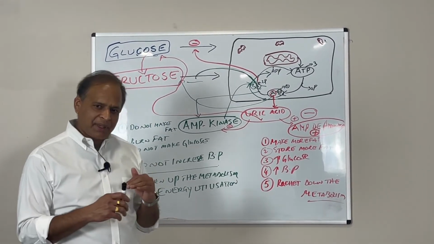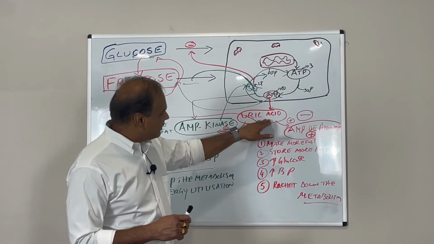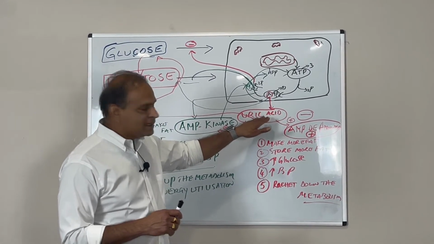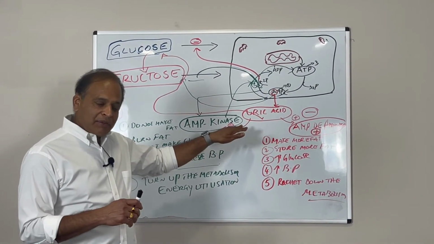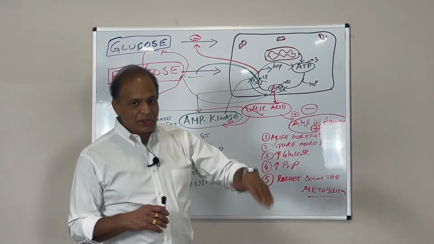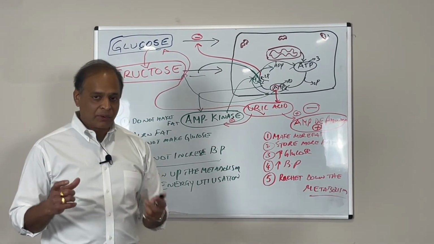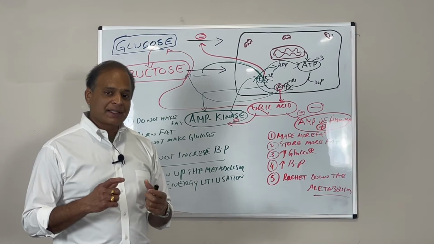So why did that happen? Why has nature designed a mechanism like that, an alternate pathway? Because nature is never wrong. It does things in a certain way.